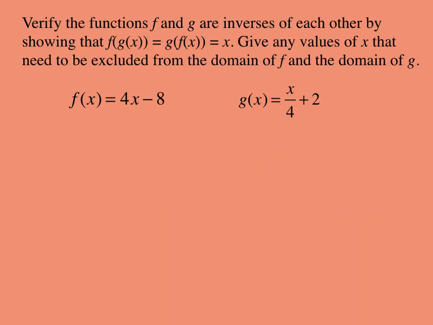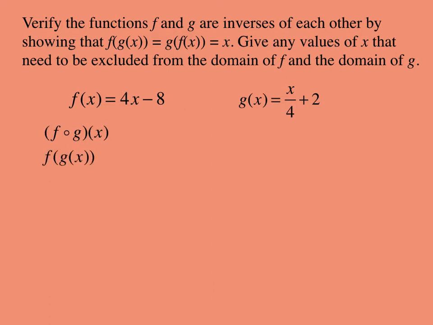One of the common things that we want to do here is to verify that functions are inverses of each other by showing that f of g of x and g of f of x both equal x. So this is where your knowledge of function compositions will come in handy. Let's start by looking at f of g of x.